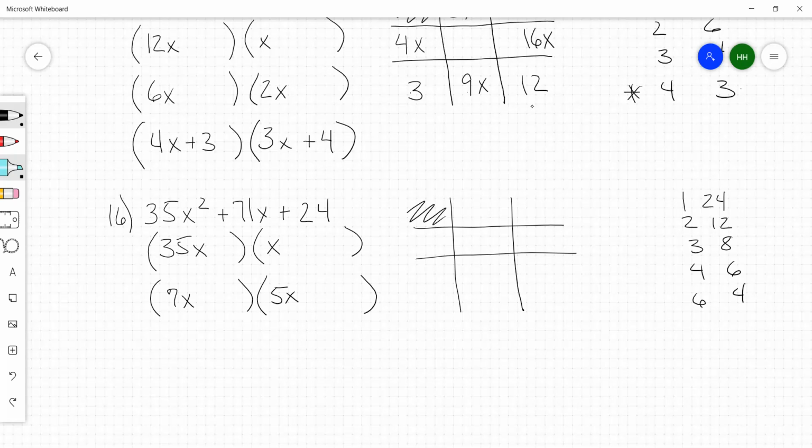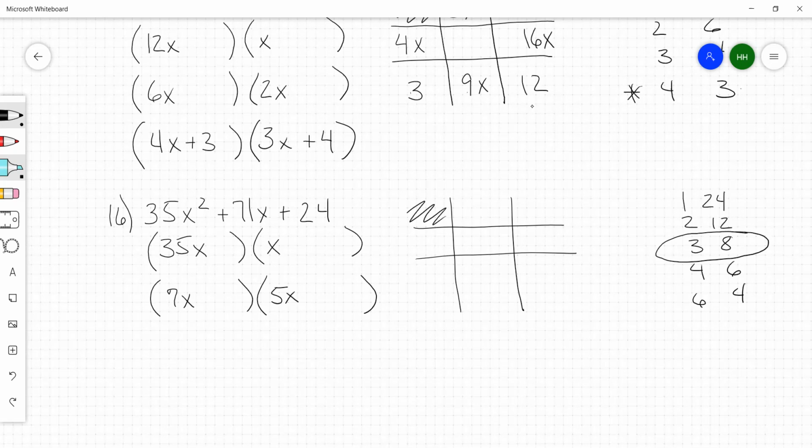What about 28? That's too much. 7 times 6 is 42. 5 times 4 is 20. 28 and 30. 7 times 8 is 56. 56 and 15. Here we go. Right here.